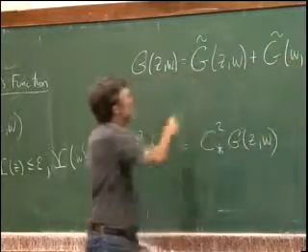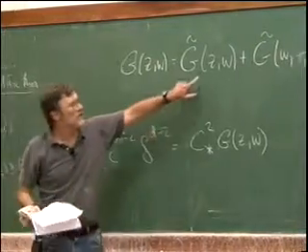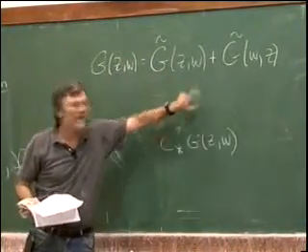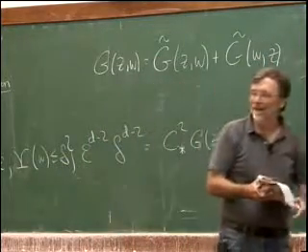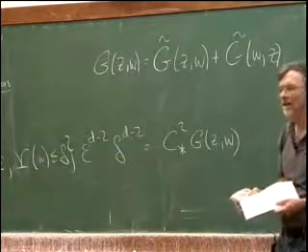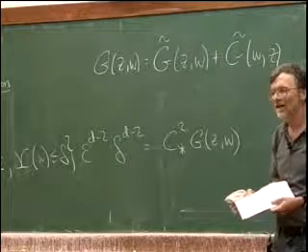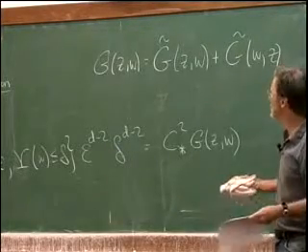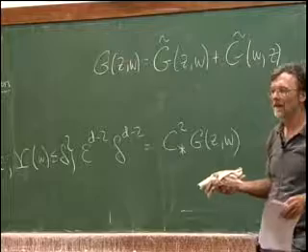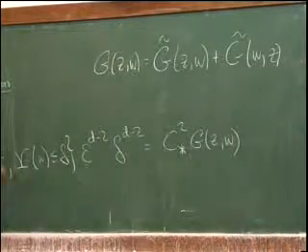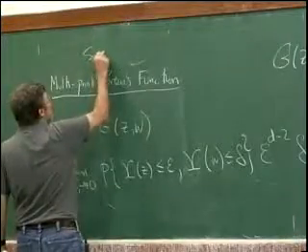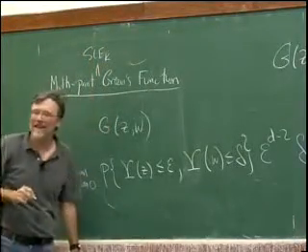Think of this as being the probability SLE goes to z and then goes to w, and this says SLE goes to w and then goes to z. Oh, right, this is the upper half plane. Sorry, this is the multipoint SLE kappa Green's function.